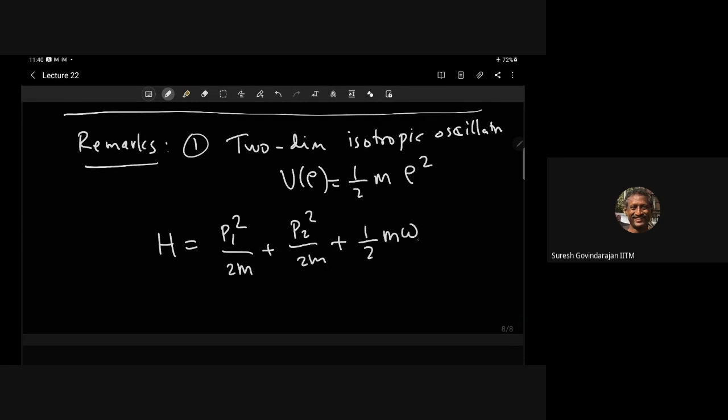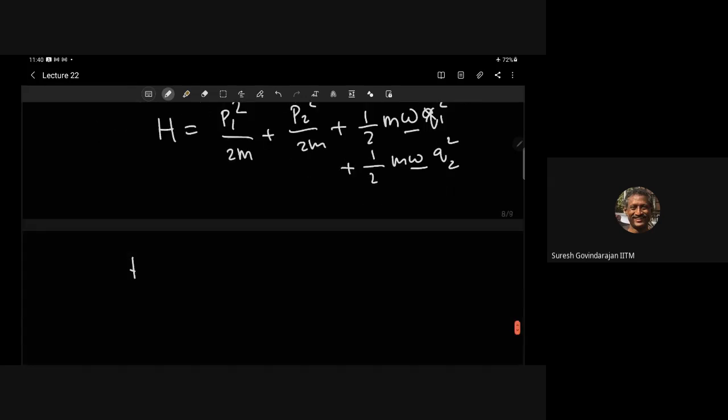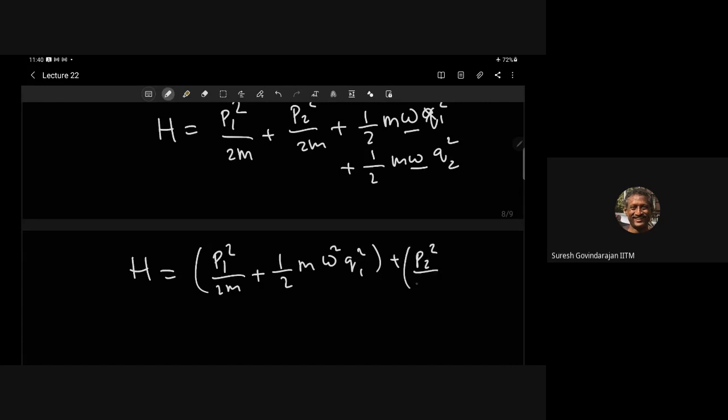Isotropy means these two omegas are the same. So we can write this H as p1 squared by 2m plus half m omega squared q1 squared, plus the same for the second coordinate. We can call this H1 and we can call this H2.